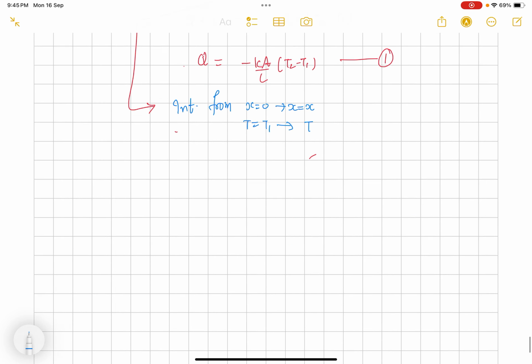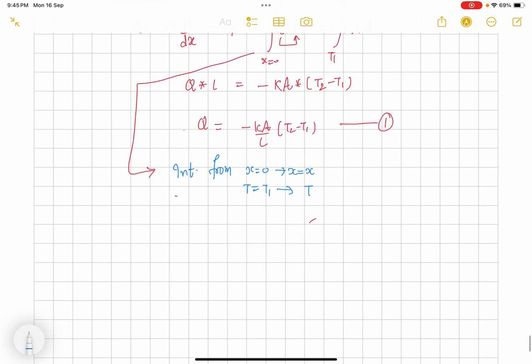So we will get the expression Q times x equal to minus KA times T minus T1.